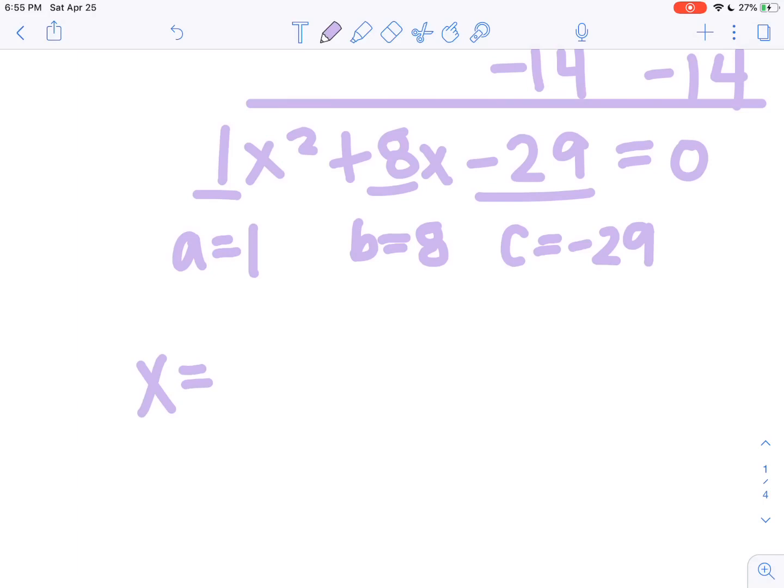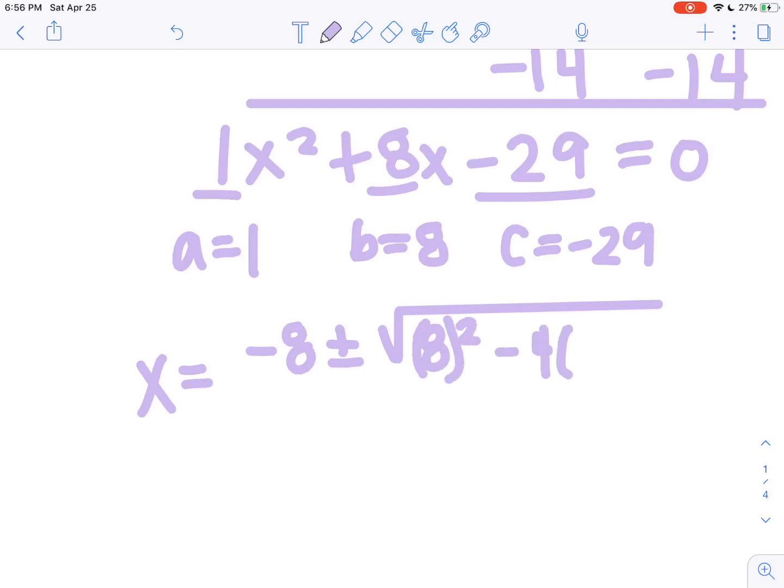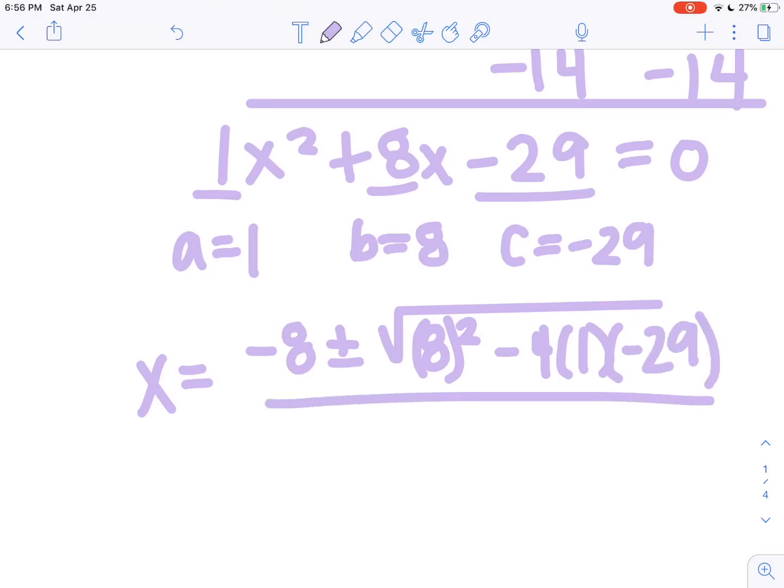So x equals the opposite of b, so negative 8, plus or minus the square root of b squared minus 4 times a times c, all over 2 times a, which is 1.